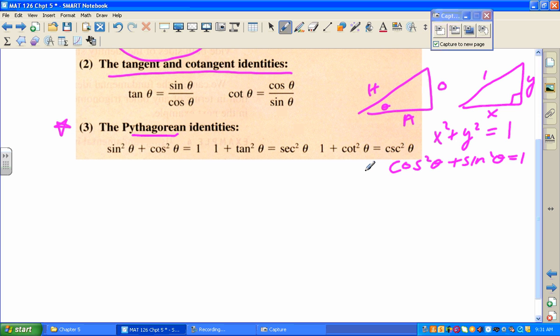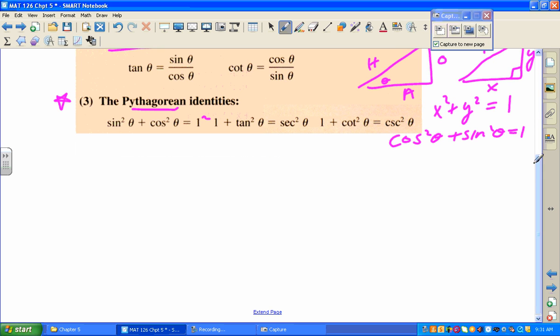It comes from the right triangle and comes from your substitution. You can write 1 squared if you like, but that would be silly. Now, x equals cosine, y is sine. If you have this written down, this picture and that identity, you're in great shape. Now look at the other identity I could have. Cosine squared of theta equals 1 minus sine squared of theta.